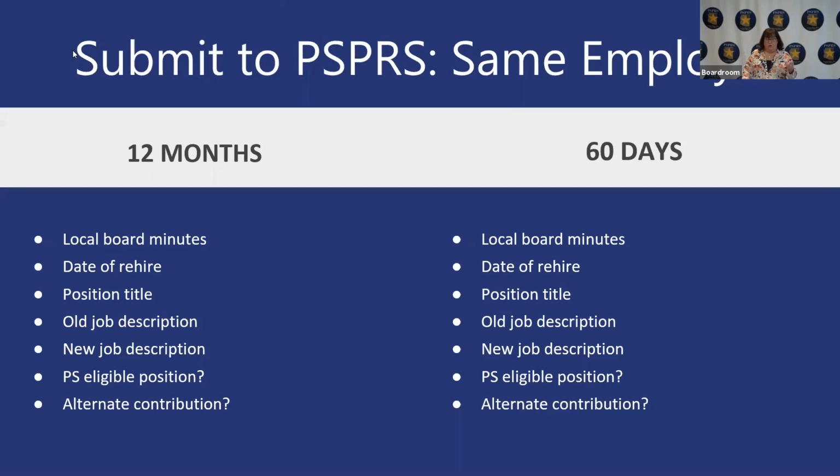We'll need to see old job description, which is what the retiree was doing prior to retirement, new job description. And in the minutes, it needs to note, is it public safety eligible position or not? And is there alternate contributions or not? And as you can see, side by side, we're doing the same information we need for both 12 months and for 60 days. Same employer.